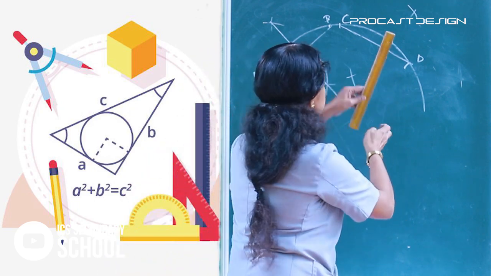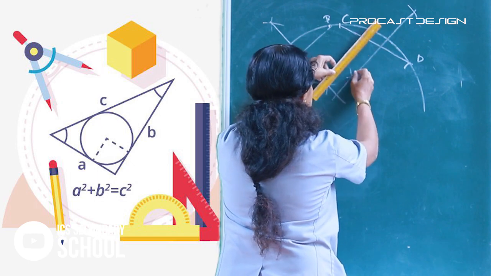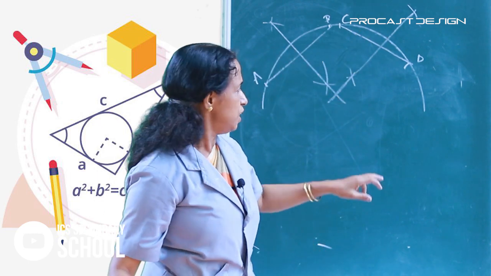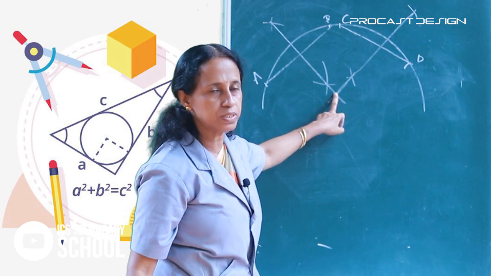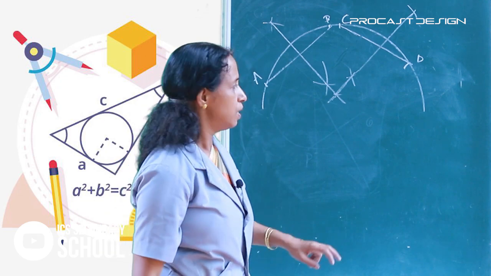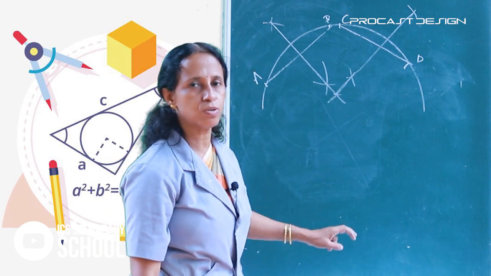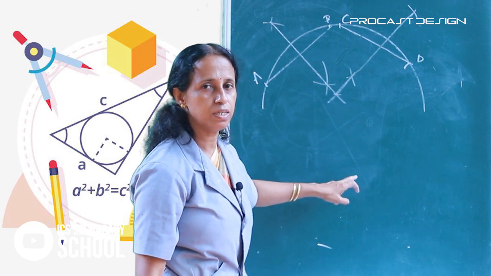Connect these 2 points. Extend it. These two lines meet at a point. This point of intersection is called the center of the circle.